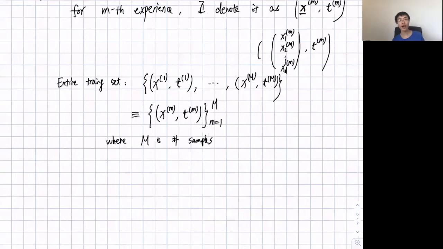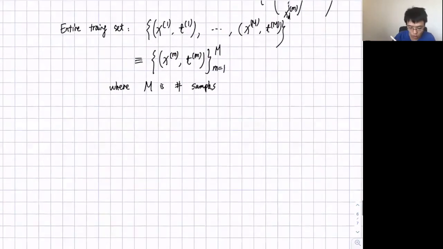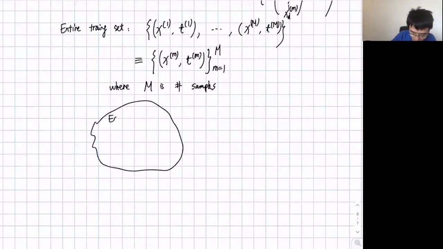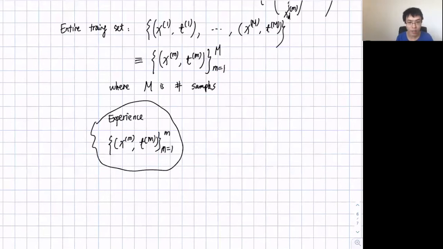Okay, so now we are clearer about the supervised learning task. So the experience is a set of instances. And for each instance, I'm provided with its feature and its label, okay?